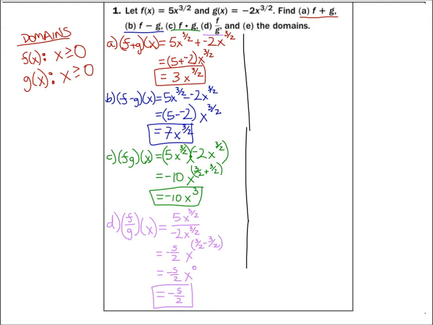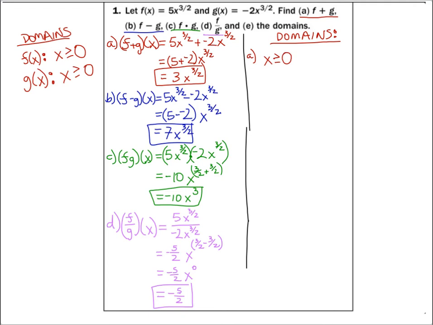Now that's important because when we go to part A to do the domains, I'm going to put the domains all together over here on the right, just kind of to try to make it somewhat organized. So for part A, you need the domains of each of f and g, and they're each x is greater than or equal to 0. So together your answer is x is greater than or equal to 0.